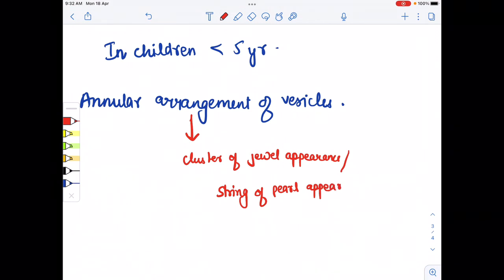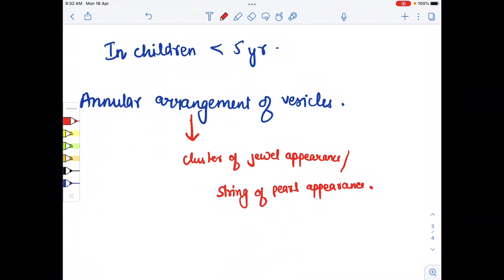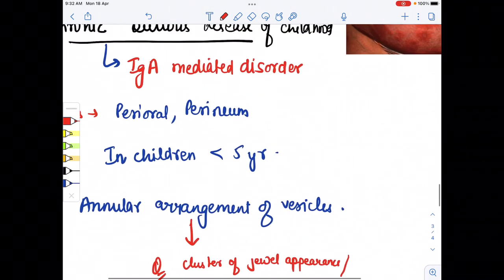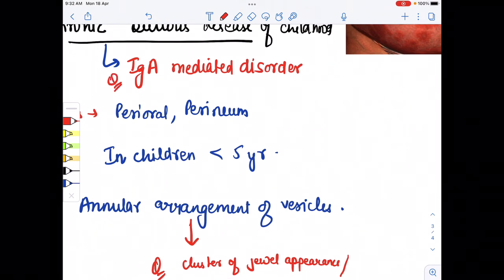String of pearls appearance is seen in, the answer is, chronic bullous disease of childhood, which is an IgA mediated disorder. Please remember that it is an IgA mediated disorder.